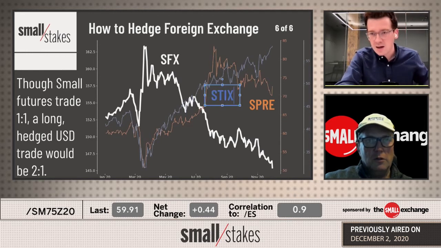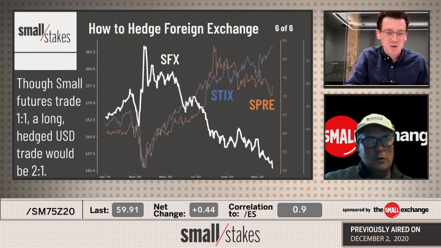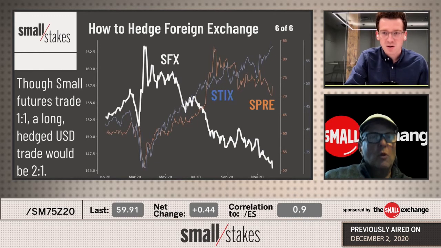I like a long SFX, long SPRE trade here. The only thing that I would amend is that the small exchange futures are all about a 1-to-1 trade. I would get a little bit overexposed in that US dollar. I would go 2 SFX contracts and then long 1 SPRE contract.